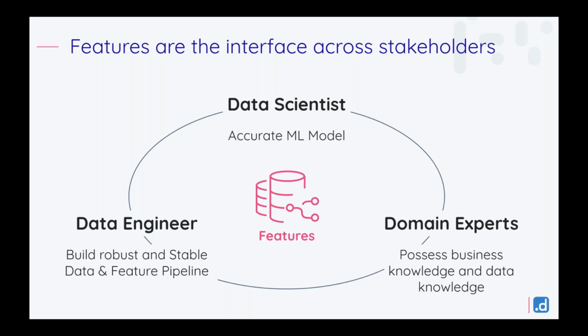Data engineers take the ideas from the domain experts to build stable pipelines to generate features. Data scientists' job is to evaluate the features constructed by the data engineers. These three parties are all working towards part of this entire feature development.